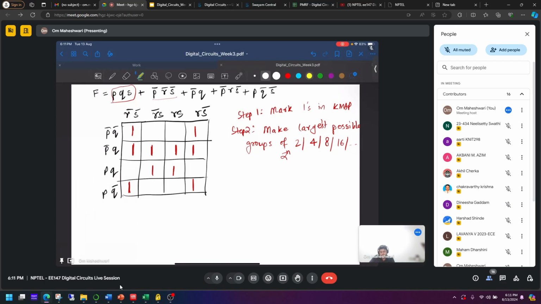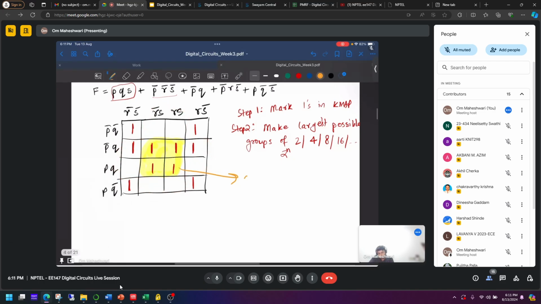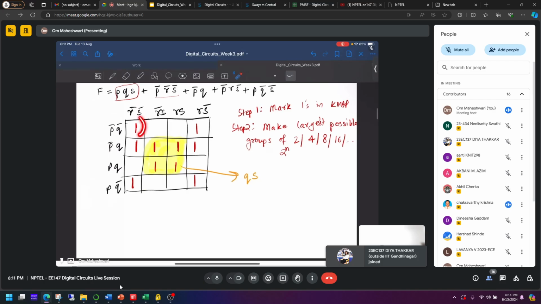First, we want to make the largest possible groups. The first group I can directly see is this group of these four. This is Q here, and this is S, so this is QS, plus P bar Q. Next we can see these four.